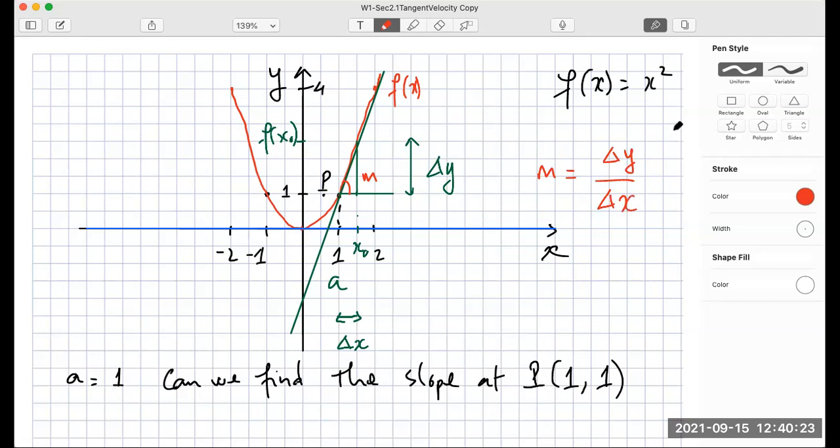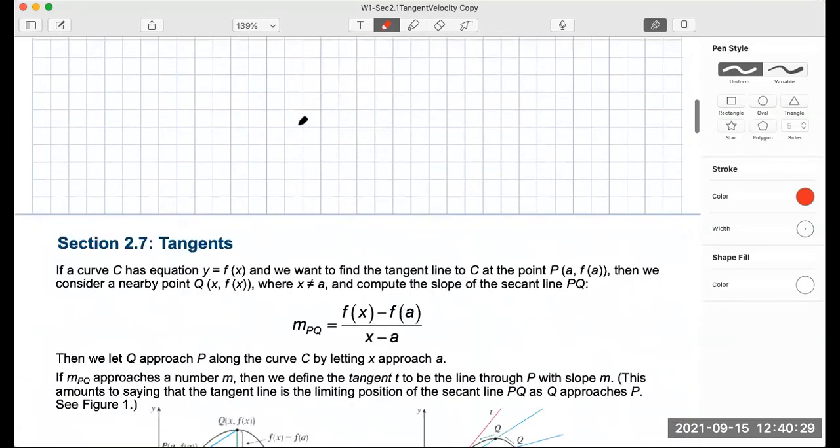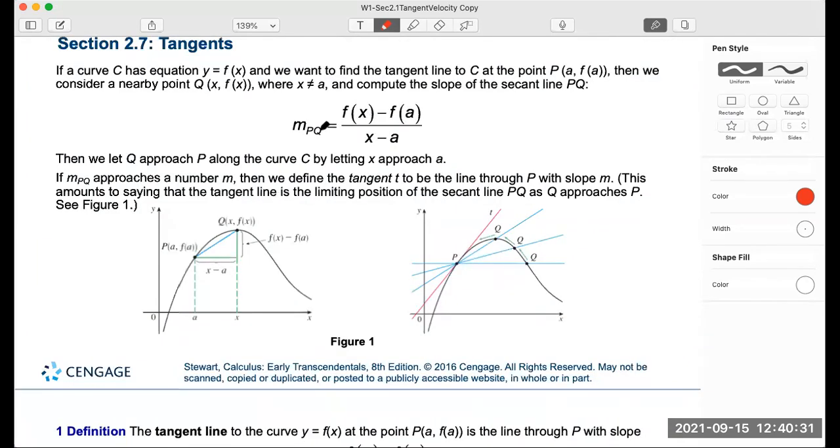And we study the limits. Then let us write this in a better way. We call it here m_PQ, the slope of the line connecting P to Q, which will be the change in y over the change in x.